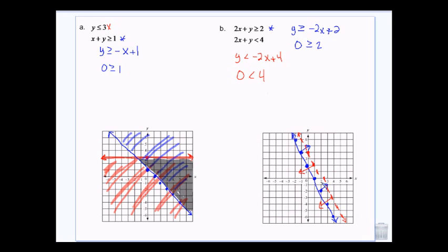So the overlap is going to be between the two lines. So I'm just going to shade the in-between. If you don't like all this shading mess, you can just draw an arrow to show which way you would shade, and then only shade the part that would overlap.